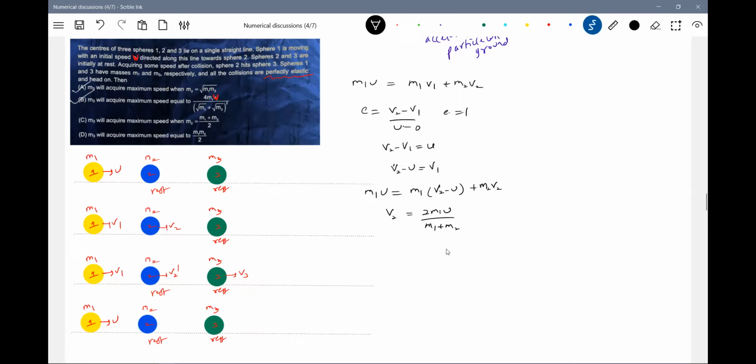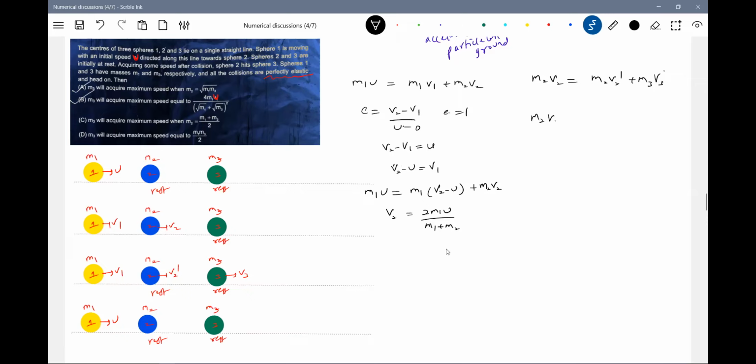Okay, this will go and collide. So again, let me apply conservation of linear momentum between these. M2V2 is equal to M2V2 dash plus M3V3. M3 will acquire some velocity; V3 is what is needed for us.